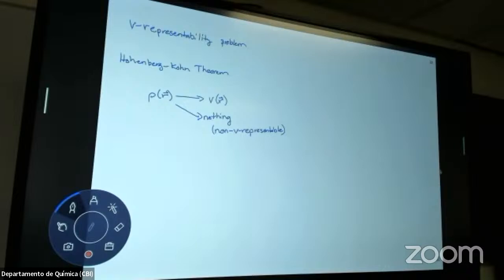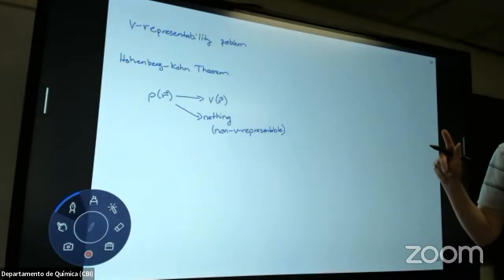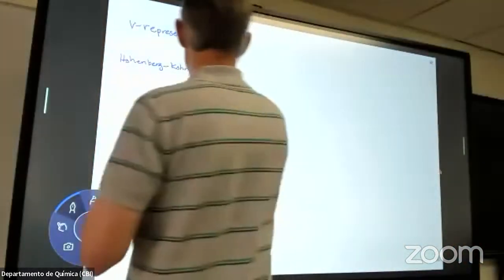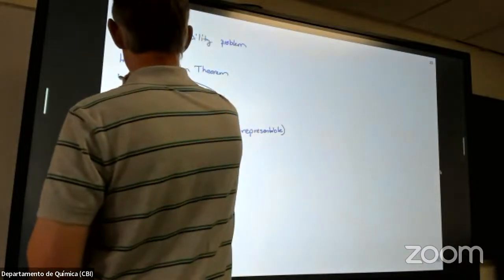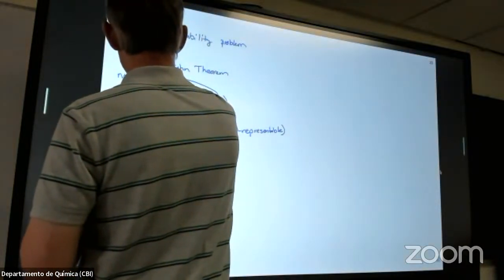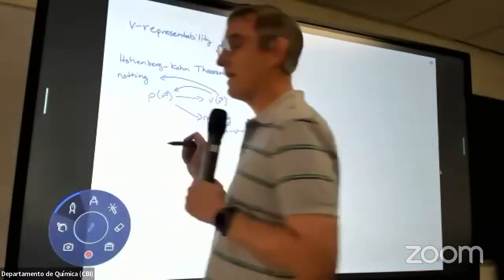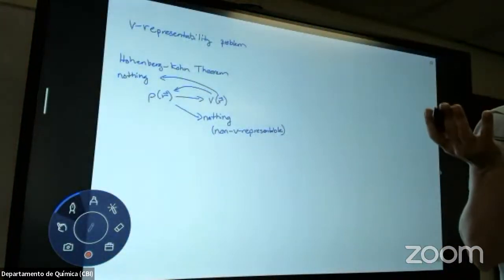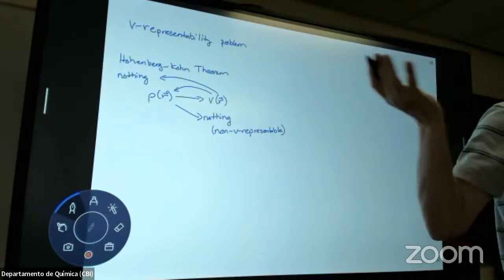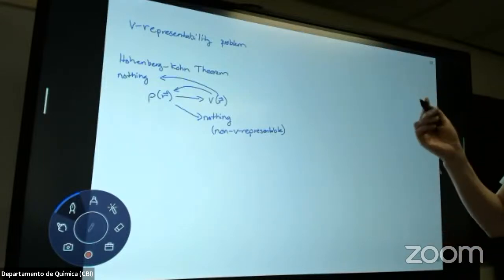So that's two possibilities. Now, the possibility for V is similar. V can go with a density, or it can go to something like, you could give me a potential that binds no electrons, for example, and then there's no electron density at all for it.